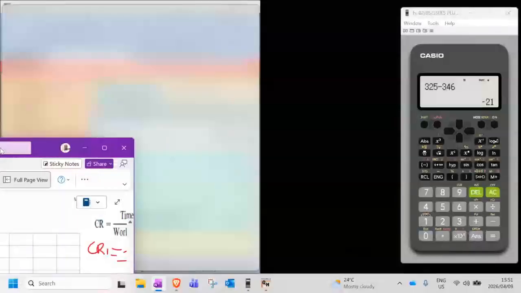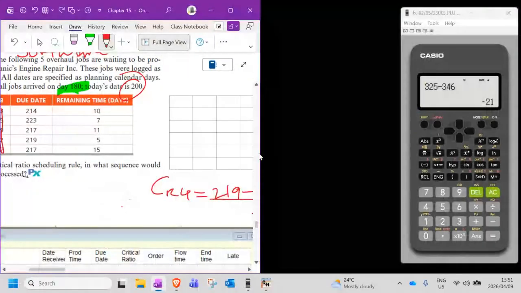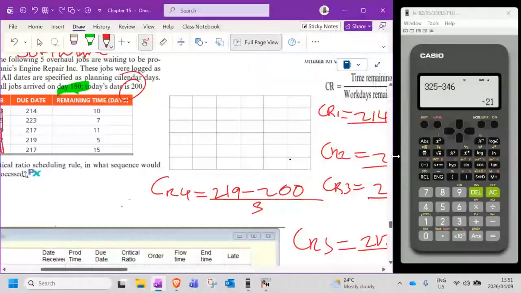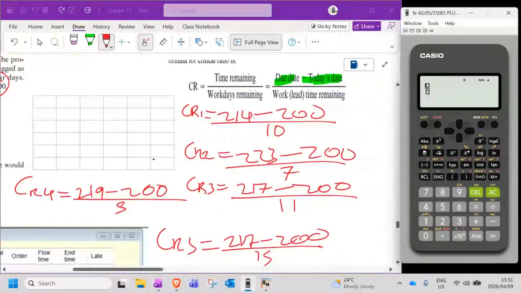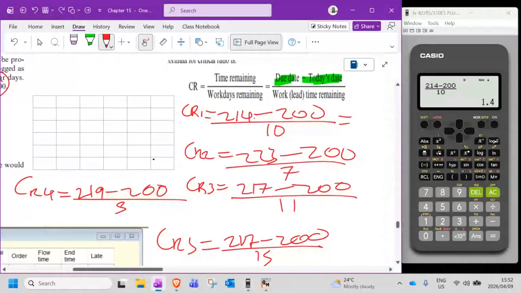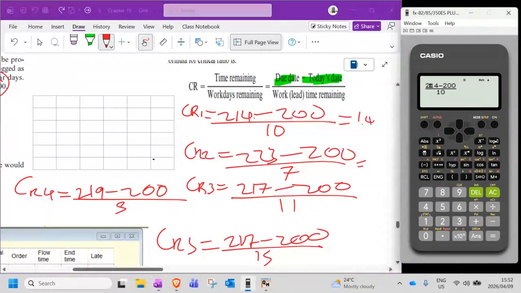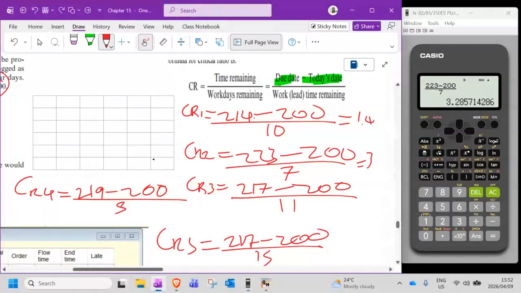It's time for the calculator. 214 minus 200 over 10 equals 1.4. Then over seven, you have 3.3. Just leave it as 3.3.